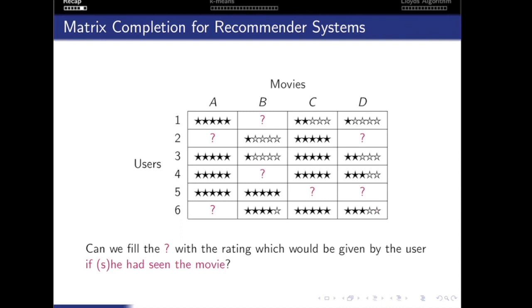So the example was a matrix where users can rate the movies they have seen, which are the rows here. Then the question was, what could we also recommend to the users? And then we used a quick hack to apply SVD as it is. We replaced all the missing ratings with the mean rating.